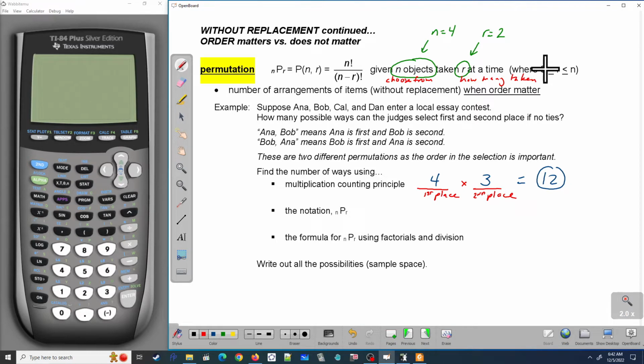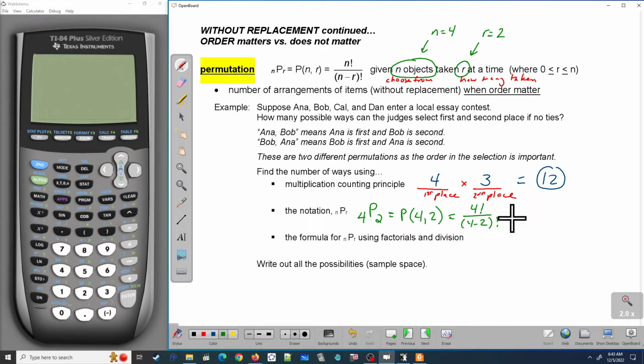Okay. And so if I was going to compute nPr, I would be typing or writing down 4P2. Now I can also write that in a little older, or alternate notation, P(4,2). That's also the same as 4 factorial over (4 minus 2) factorial.